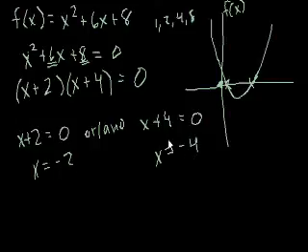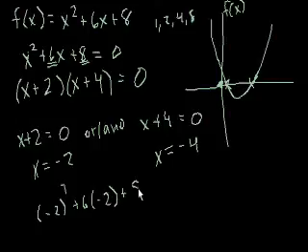And if we substitute either of these into the original equation, we'll see that it works. Let's just try it with minus 2, and I'll leave minus 4 up to you. So minus 2 squared plus 6 times minus 2 plus 8. Minus 2 squared is 4, minus 12, 6 times minus 2, plus 8.